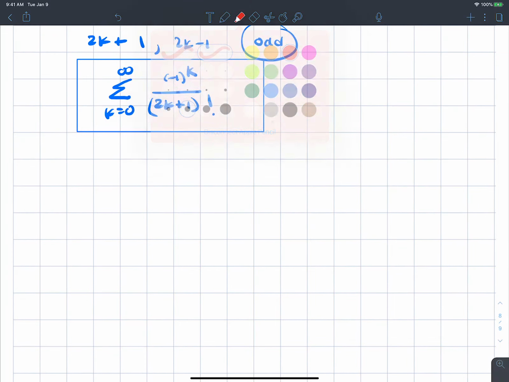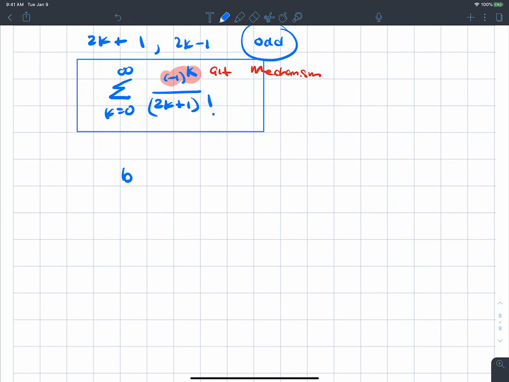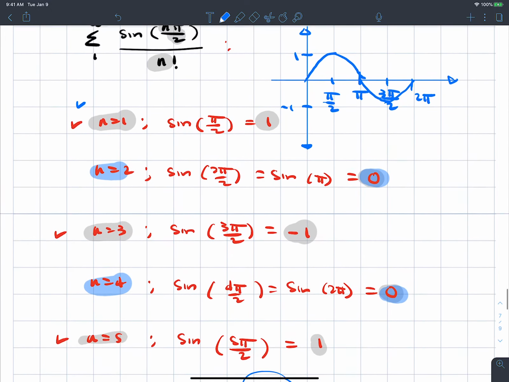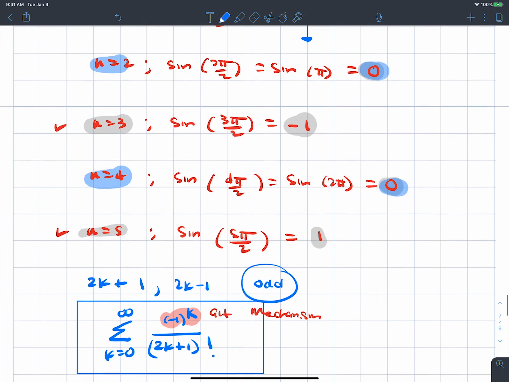This is my alternating mechanism, and we'll call it that. What that means is my b_k is 1 over (2k plus 1) factorial. Yeah, let's double check to see if we're okay. Yeah, we're fine. Okay.